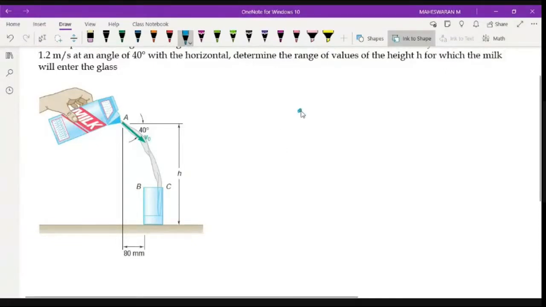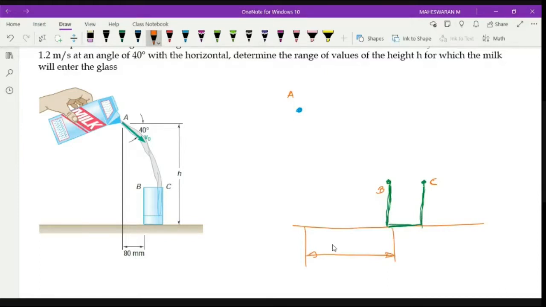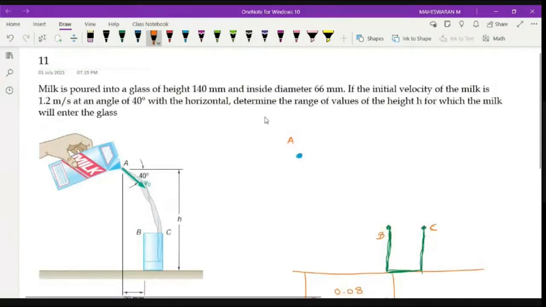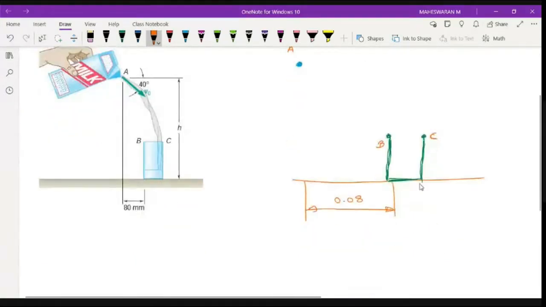So let me consider this is my location. Now let us identify. The distance from here to here is mentioned 80 mm, which means in meter it is 0.08, right? So I am substituting everything in meter. And they have mentioned the diameter. Diameter is 66, which means this distance is 0.066, right? So the distance of your glass.